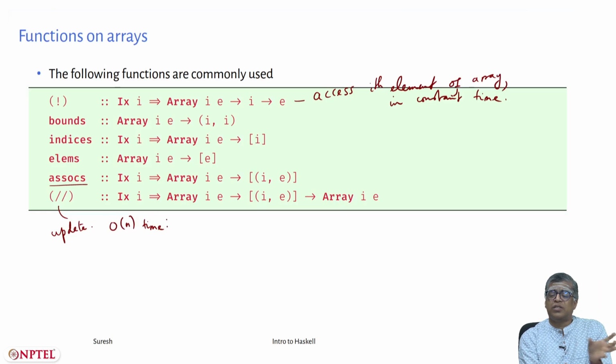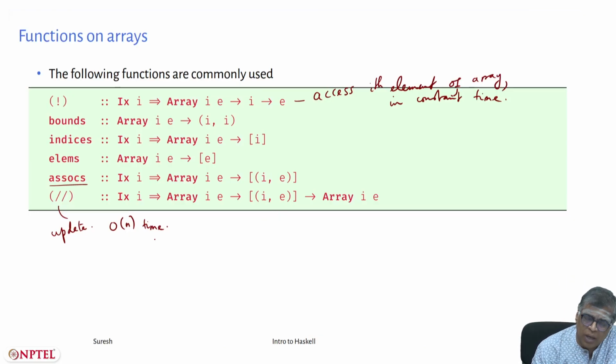I have an array, I say update this array by putting these values at these indices, and it will do that, and it will take order n time, actually order n time even if the list is of length 1.